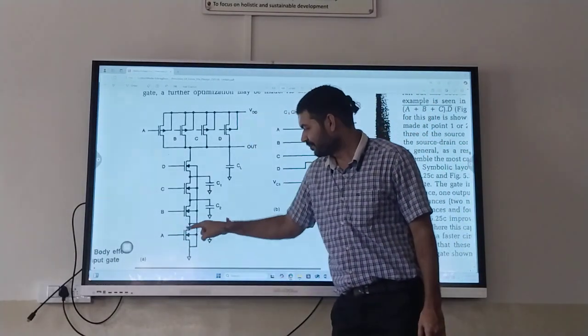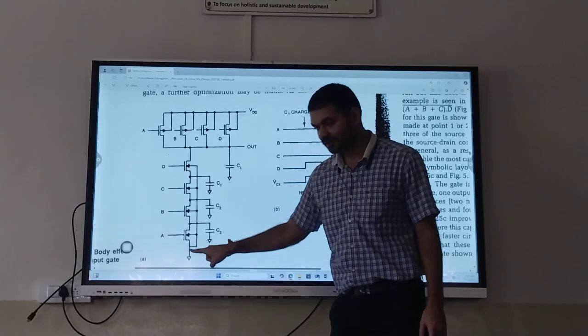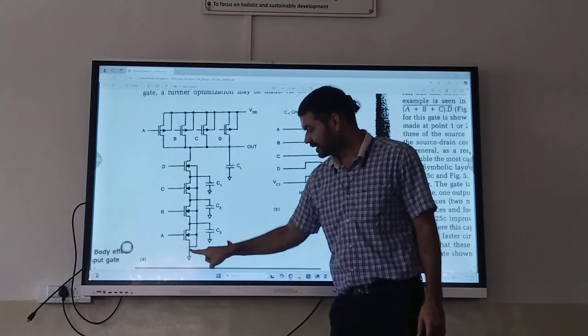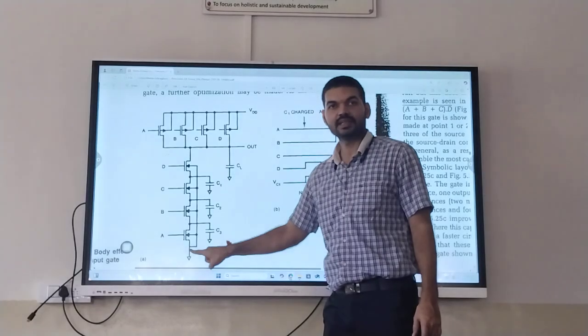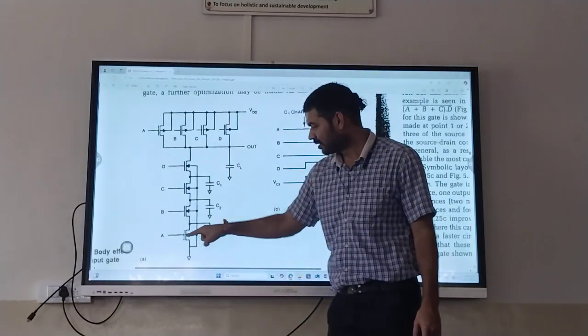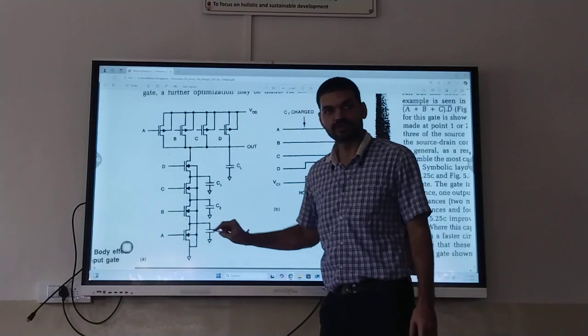Look at this MOSFET, its source is here and its body is here. This is the body. So body is shorted to the source.